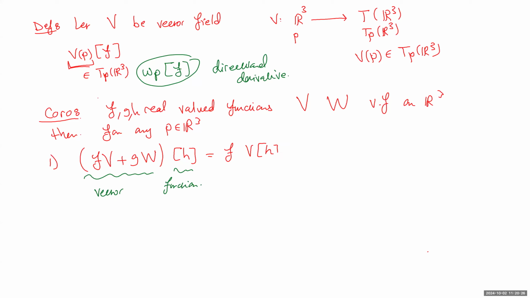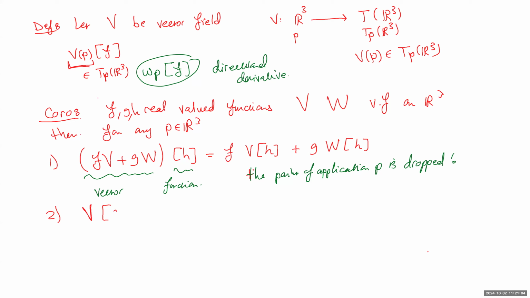Plus. See here we dropped P. So here, the point of application is dropped. So that would hold for anything. P is dropped. This is the first one. The second, now we have a vector field.